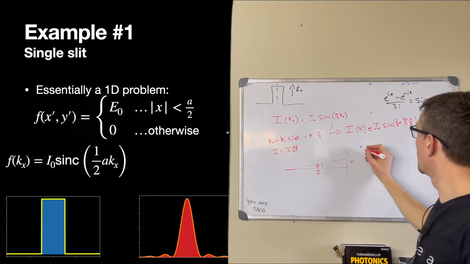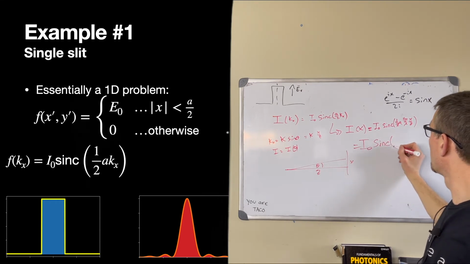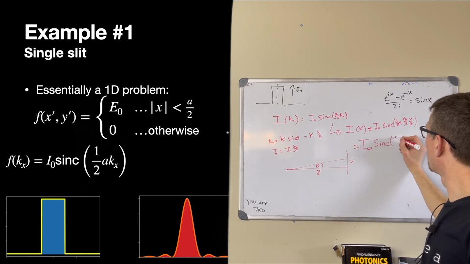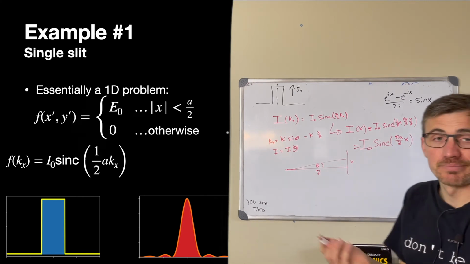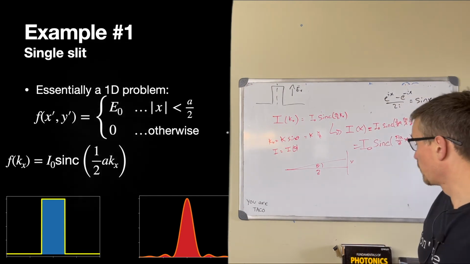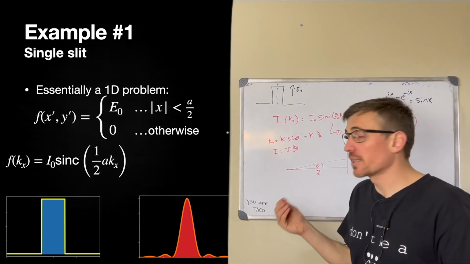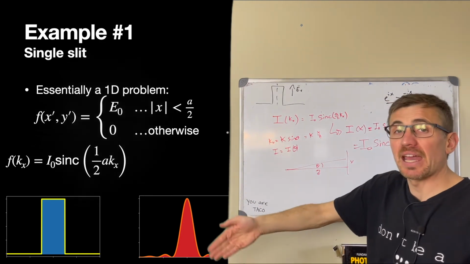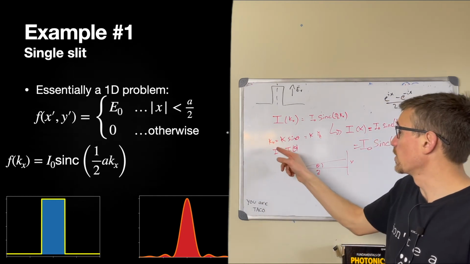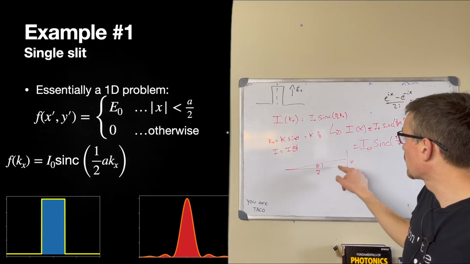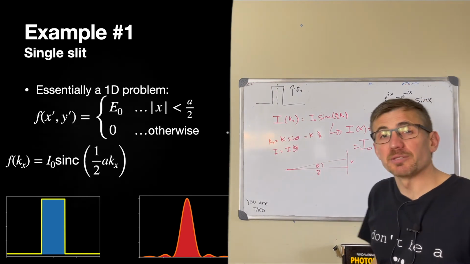And this is equal to I naught times sinc of pi times a over lambda z times x. So we can write it in terms of actual space too. Just something to keep in mind: the Fourier transform gives us the angular distribution. It gives us the function in terms of theta, or equivalently in terms of kx. And we just need to do this substitution to find out how much actual physical displacement that corresponds to.